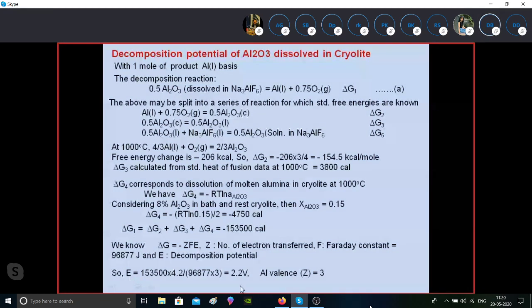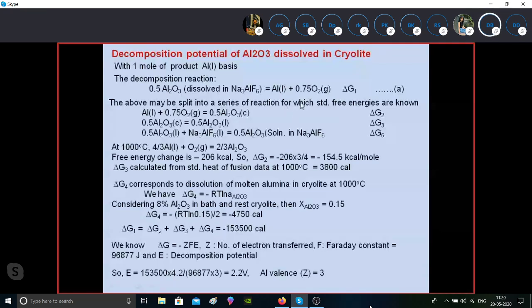Allow me to go to one more slide before I wind up today. Here the oxygen evolved is not reacting anywhere. Under that condition, we got the decomposition potential as 2.2 volt.